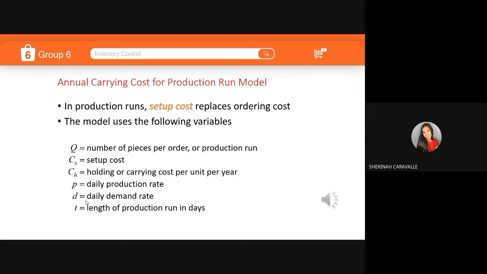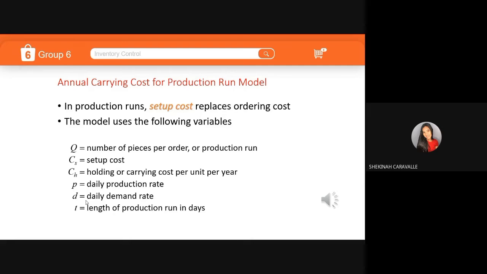This is the cost of setting up the production facility to manufacture the desired product. It normally includes the salaries and wages of employees who are responsible for setting up the equipment, engineering and design cost of making the setup, and the cost of paperwork, supplies, utilities, and so on.